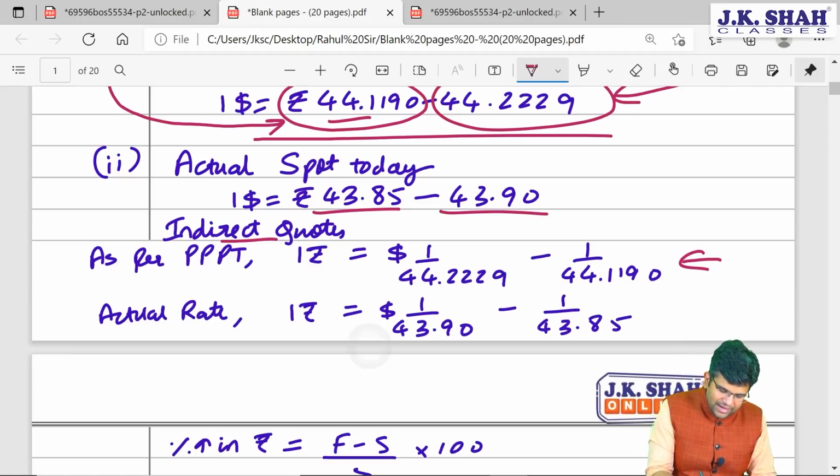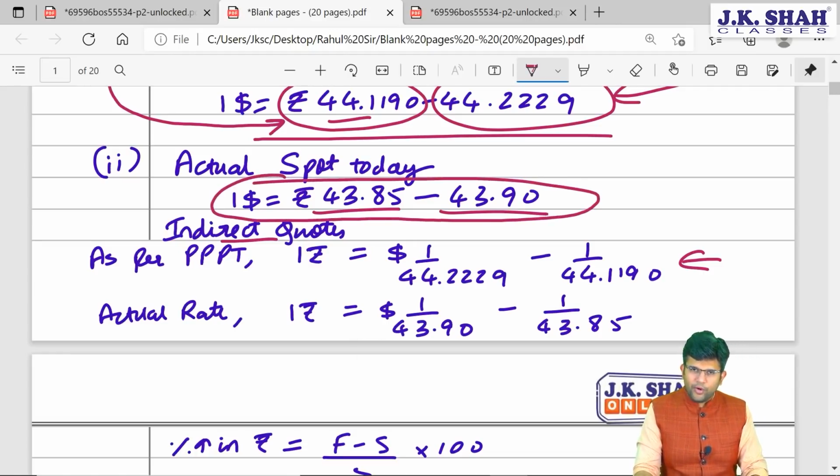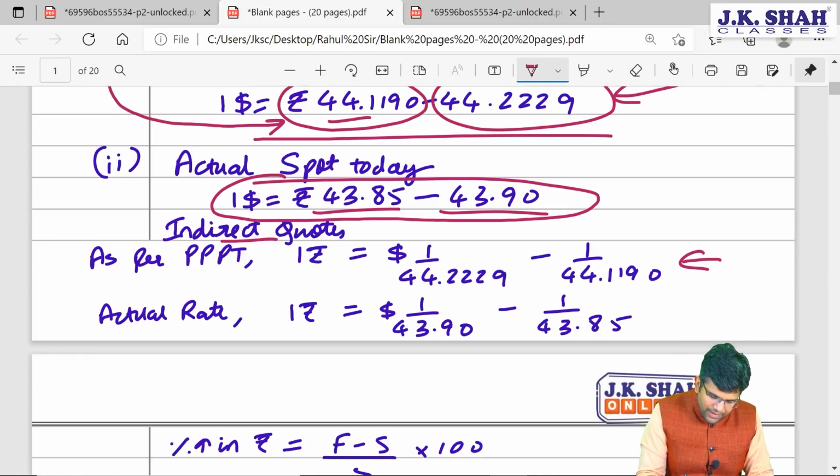But in reality, can I say $1 has become rupees 43.85 dash 43.9. So in reality, the actual rupee rates are 1 rupee equal to dollar 1 upon 43.9 dash 1 upon 43.8. Children, do you realize that rupee in reality is slightly more than what it should have been as compared to the PPPT rates? Everyone clear?